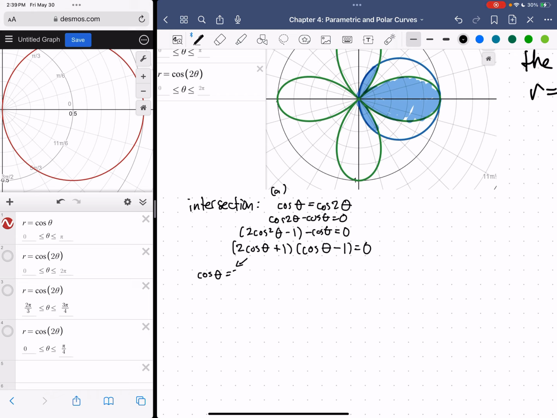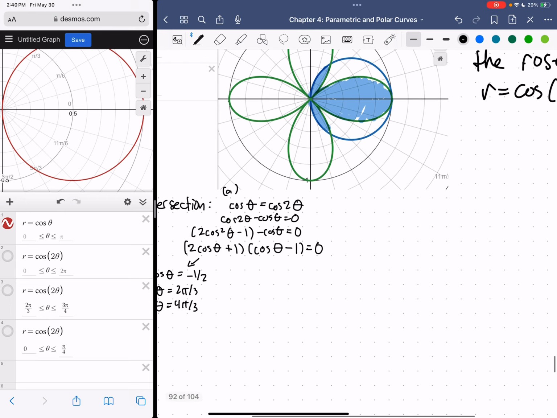Cos theta is equal to 2 pi over 3. Or no, not cos theta. Theta is equal to 2 pi over 3. Okay, yeah, because cos theta is equal to negative 1/2. So theta is equal to 2 pi over 3, or theta is equal to 4 pi over 3.